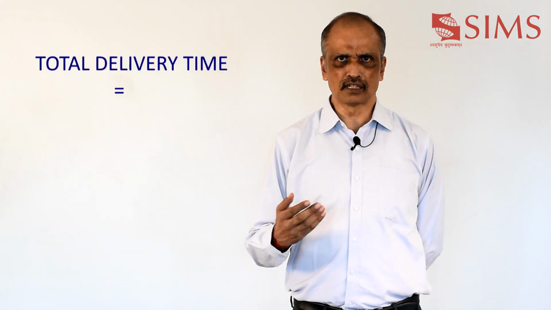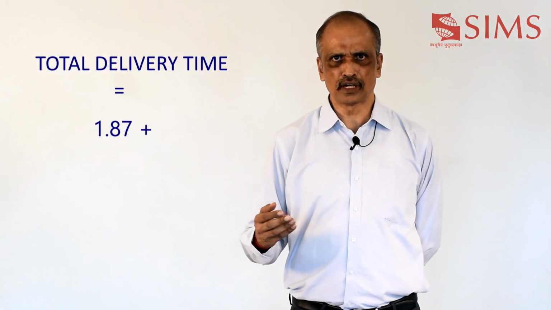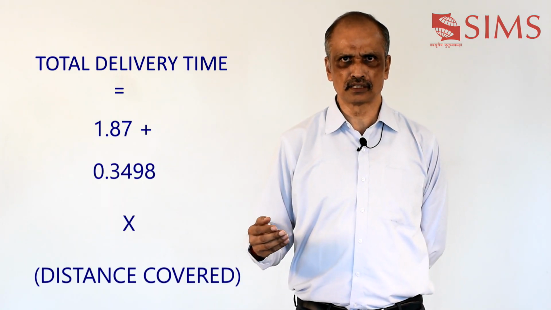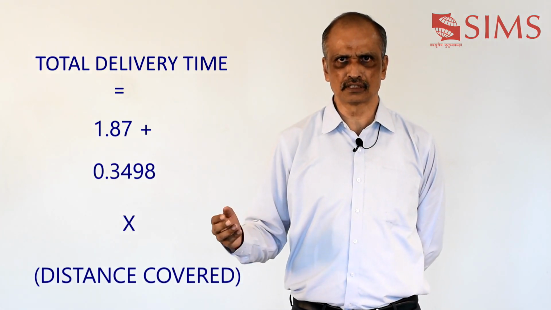So let us take an example of a simple linear regression. Let us say the independent variable is the distance covered by the salesperson, and the dependent variable is the total delivery time. After collecting the data, let us say we get the regression equation as total delivery time is equal to 1.87 plus 0.3498 into distance covered.